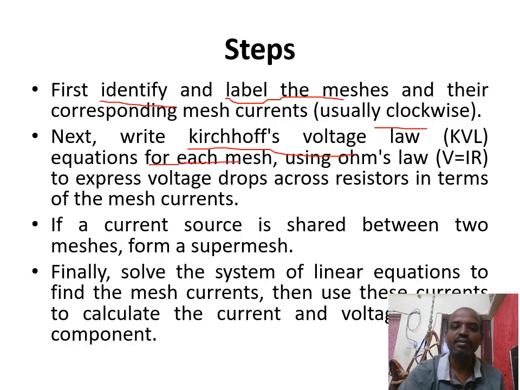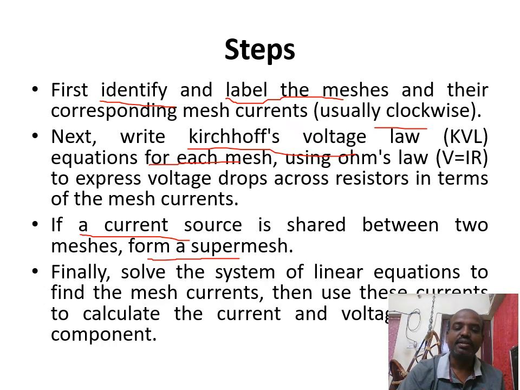Kirchhoff's voltage law states that the summation of the voltage rise will be equal to the summation of voltage drop. If in your circuit a current source is shared between two meshes, we form a supermesh.